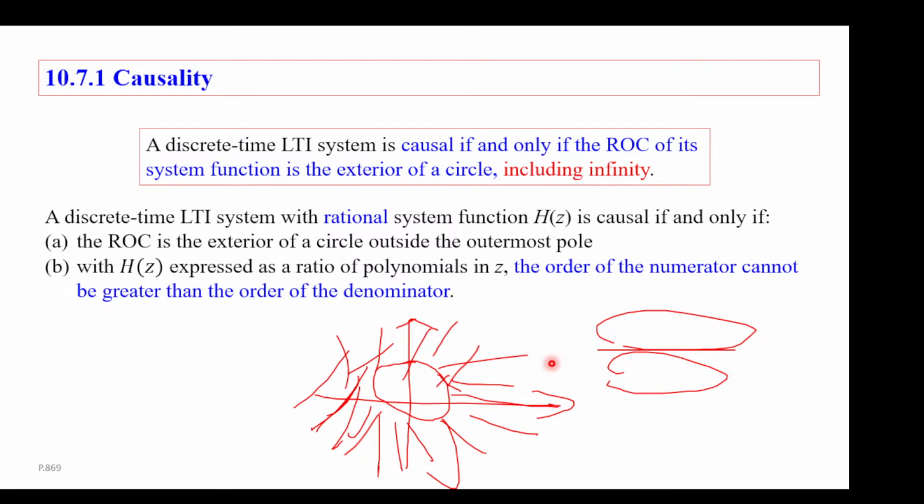You have some numerator polynomial of z divided by some denominator polynomial of z, and you want this ratio to be finite when z equals infinity. That means the order of the numerator cannot be greater than the order of the denominator, so it's less than or equal. So that when z equals infinity, you have a finite number. Okay, so that's causality.